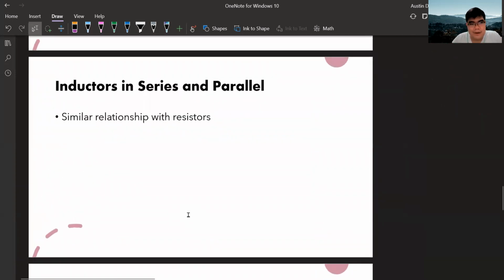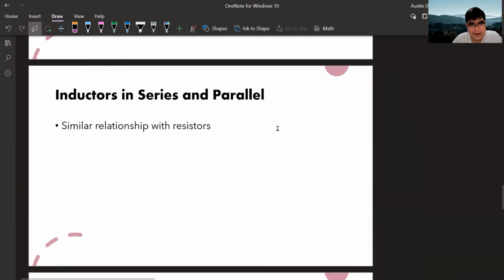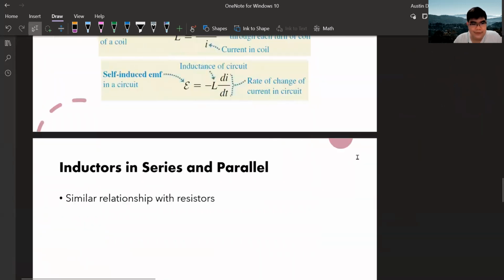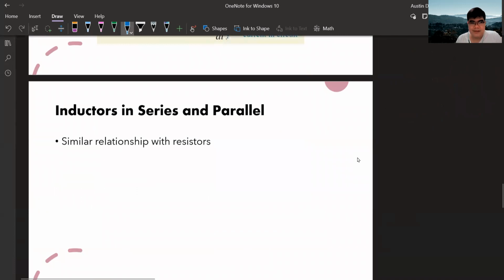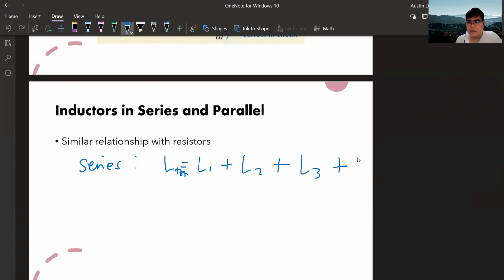Tignan natin yun mamaya. Pero dito muna, inductors in series and parallel, yung L natin, may similar relationship siya sa resistors. So, series ng L, that would be L total equals L1 plus L2, L3, and so on. Hindi ko alam kung lalabas sa exam pero turo na natin. Pero hindi naman kayo mag-a-analysis ng inductors in circuits kasi mahirap siya.